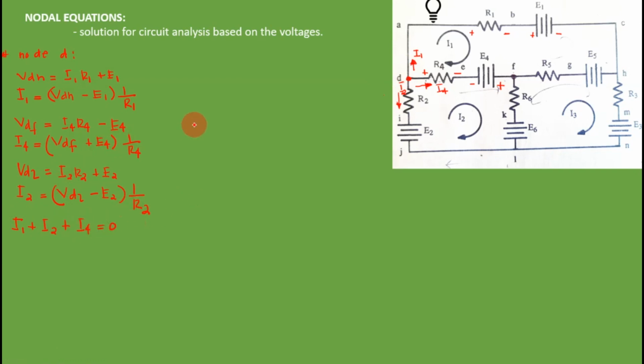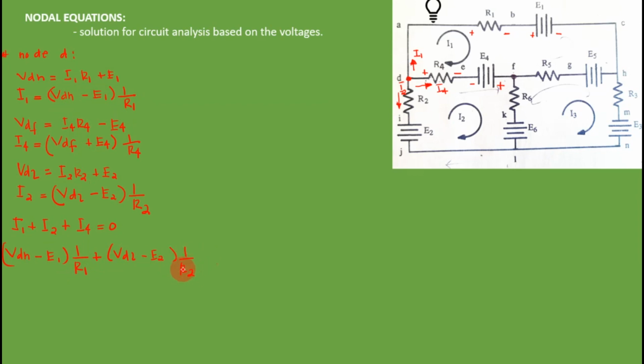Since the nodal equation is based mainly on voltages, we will use the values for I1, which has a voltage. For I1, you have V sub DH minus E1, just substitute, over R1, plus I sub 2, which is V sub DL minus E sub 2, 1 over R2.